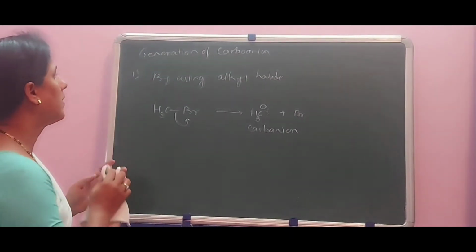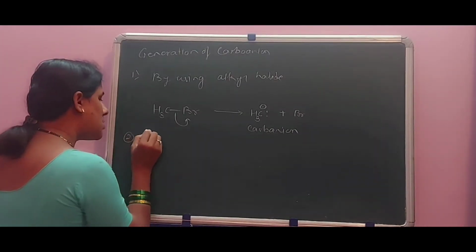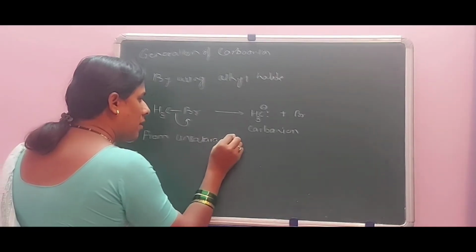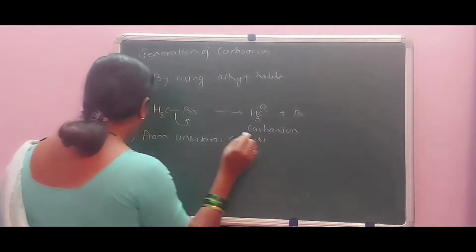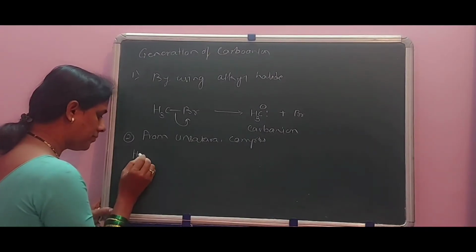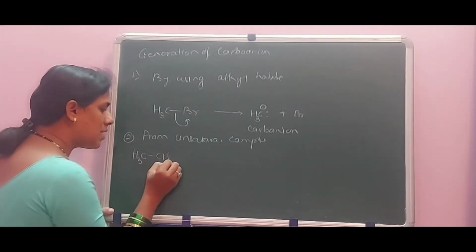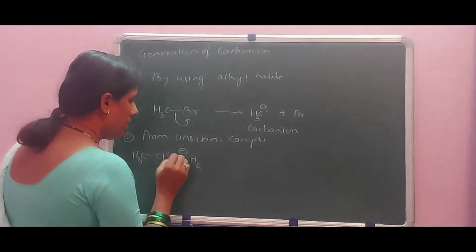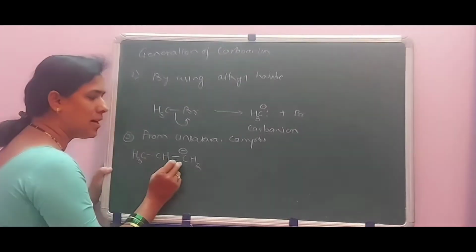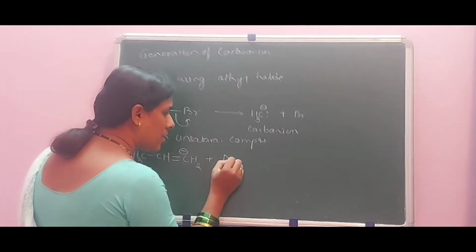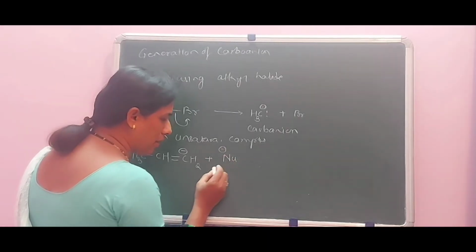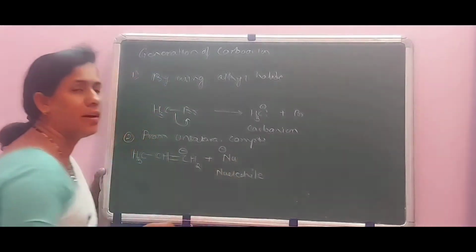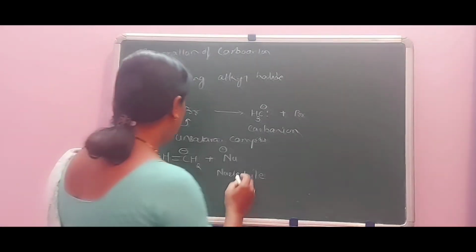Now the next method is from unsaturated compounds. For example, CH3 CH2 unsaturated compound, with addition of a nucleophile, results in the formation of a carbanion.